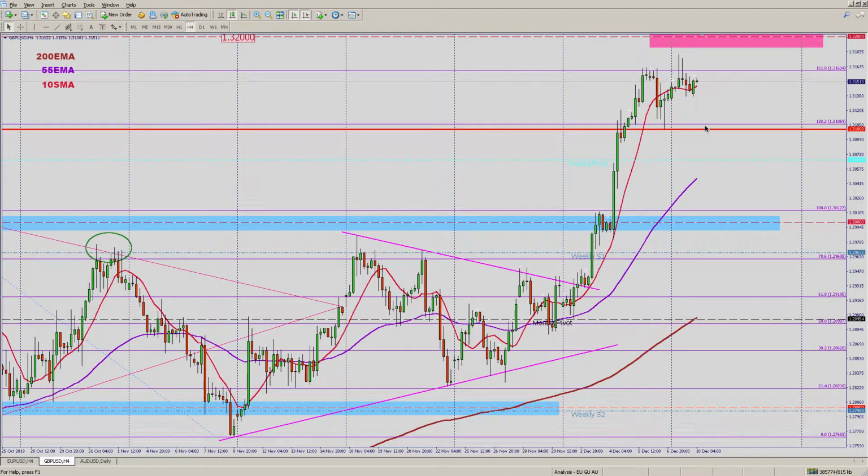And where it retested here, it found support. So I would like to see a retest back down to the 138 or better yet the 131 level before taking a punt at a long.